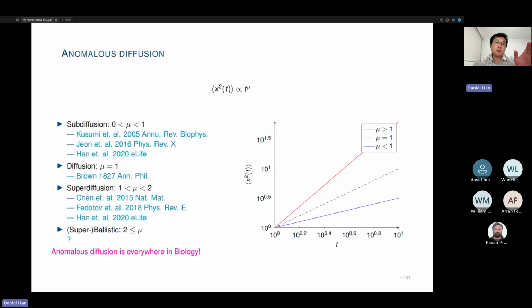The mean square displacement doesn't increase proportionally with time and increases either slower or faster than diffusion. This is what you call subdiffusion when it's slower and superdiffusion when it's faster.